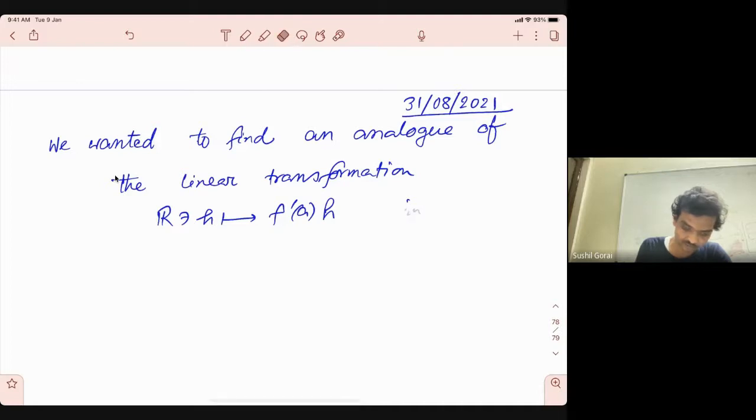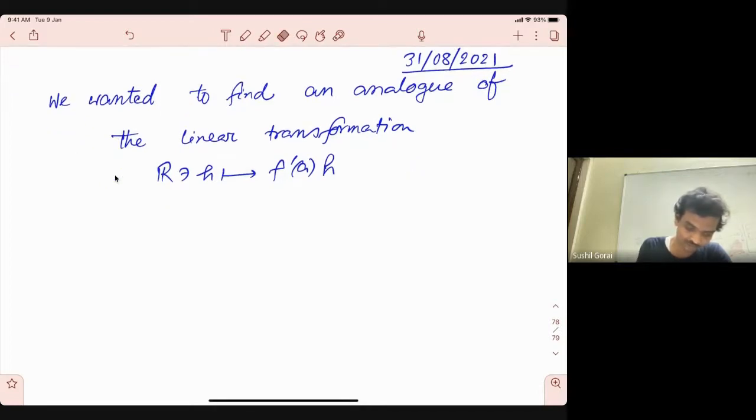Analog of this one, of course this is in one variable, in our case.